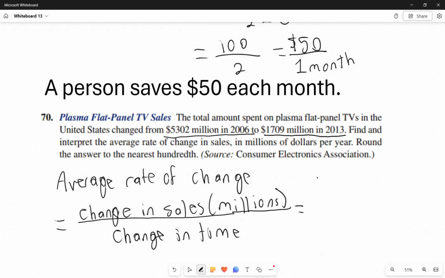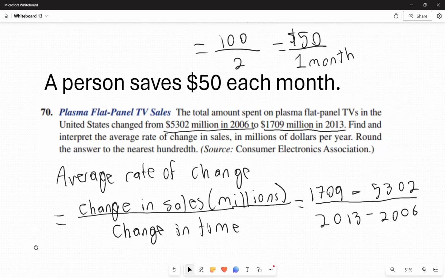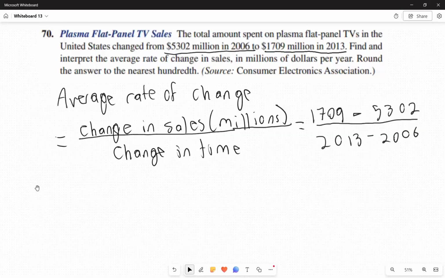In this particular case, the sales declined. They declined from 5,302 to 1,709. So this is 1,709 million minus 5,302 million over 7 years, 2013 minus 2006.